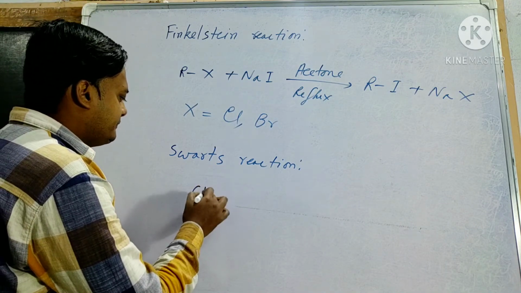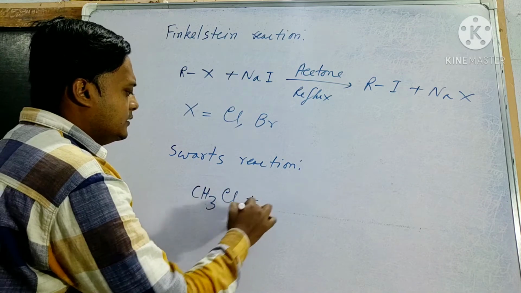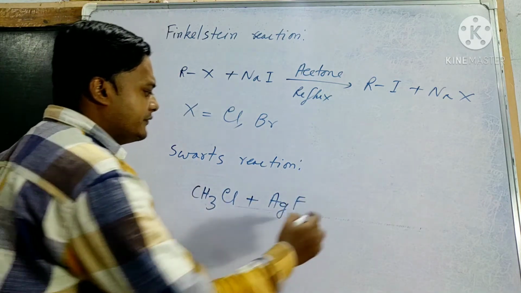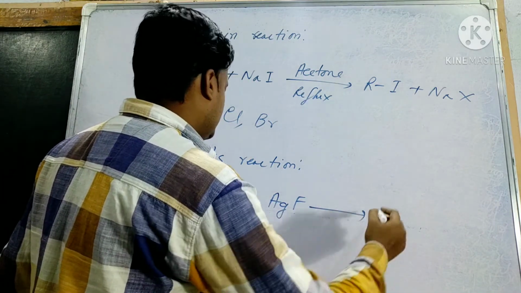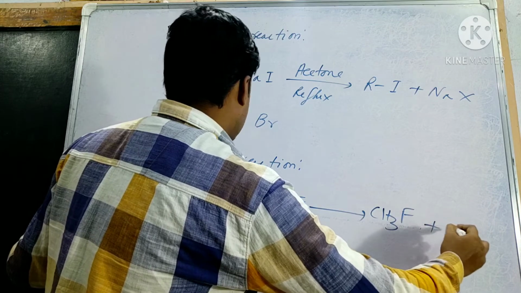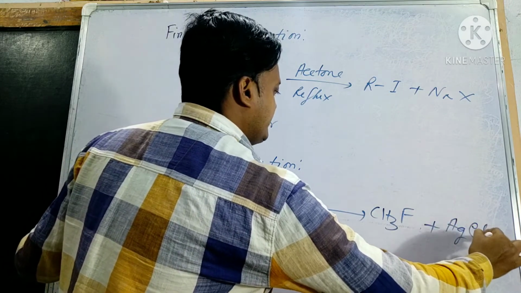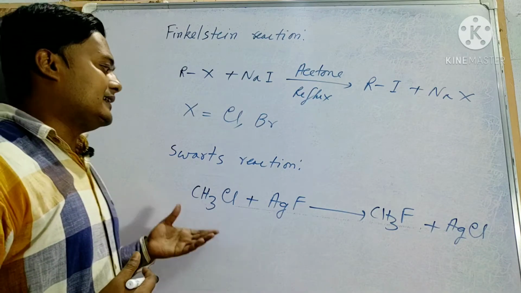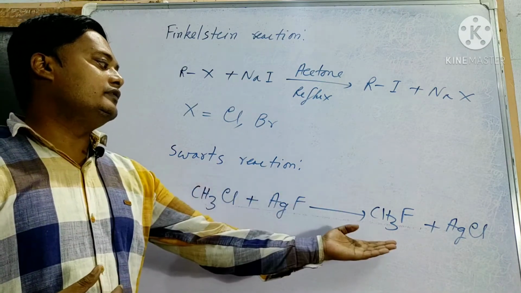If you take methyl chloride plus AgF, silver fluoride, what will be the product? Now see, CH3F plus AgCl. So Swarts reaction converts alkyl halide to the corresponding fluoride.